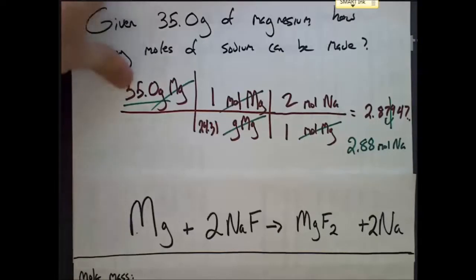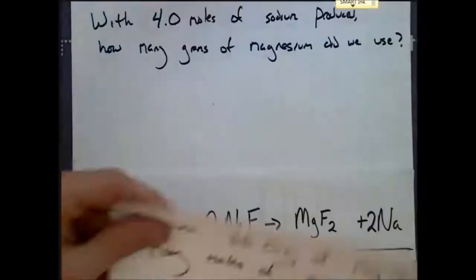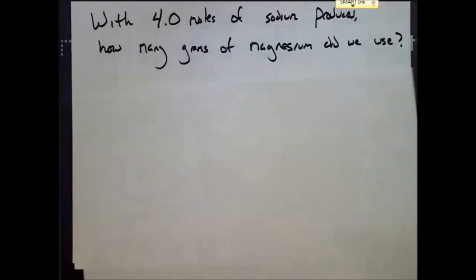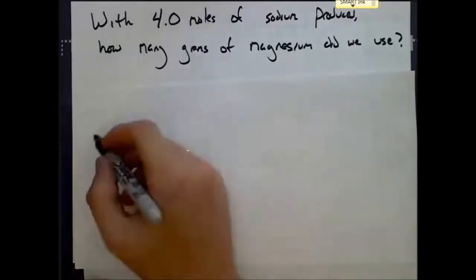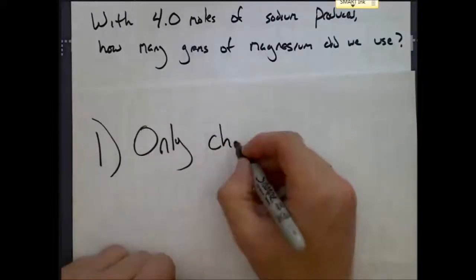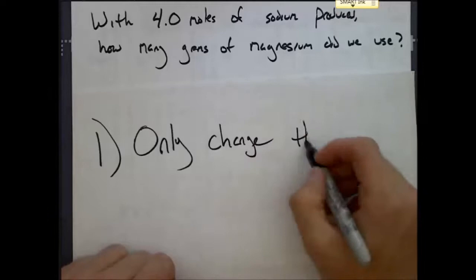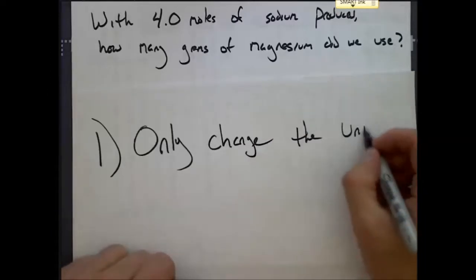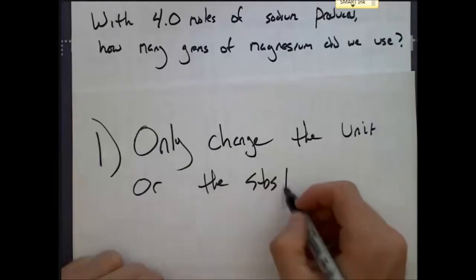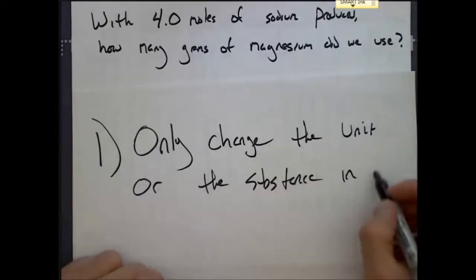Now would be a great time to introduce 2 important rules that we always need to keep in mind. Number 1: only change the unit or the substance in one step.